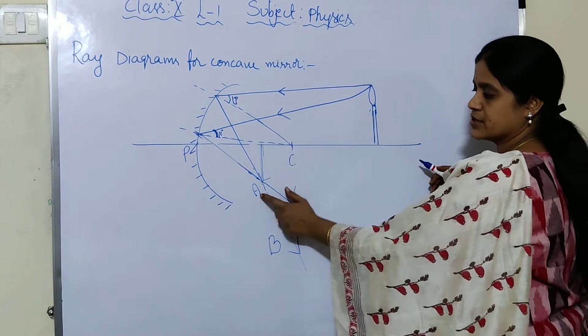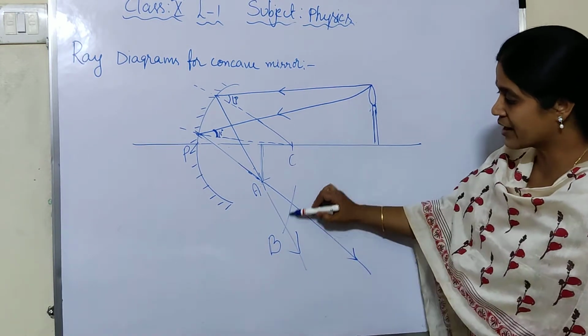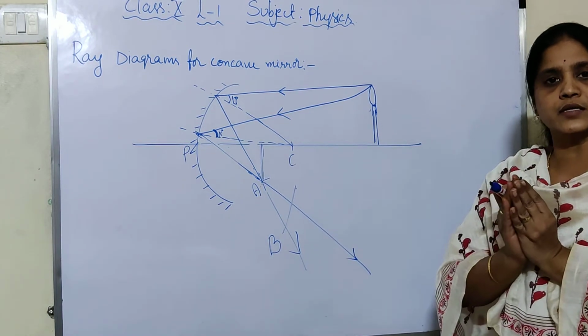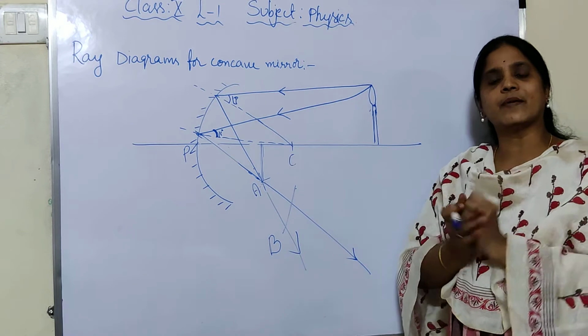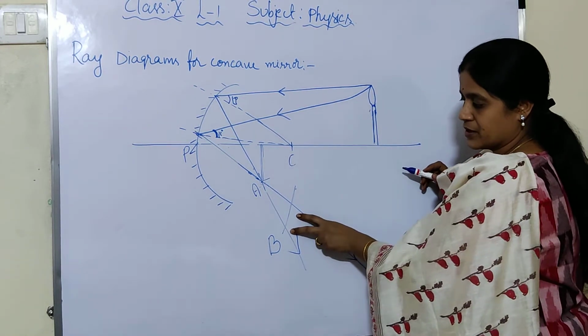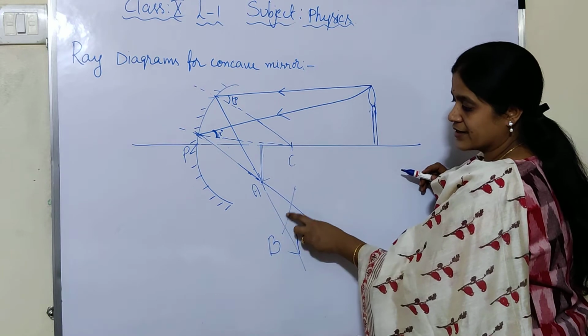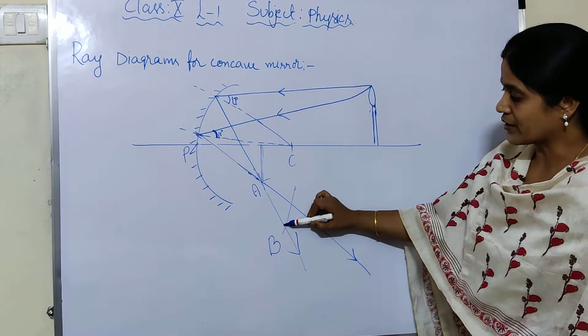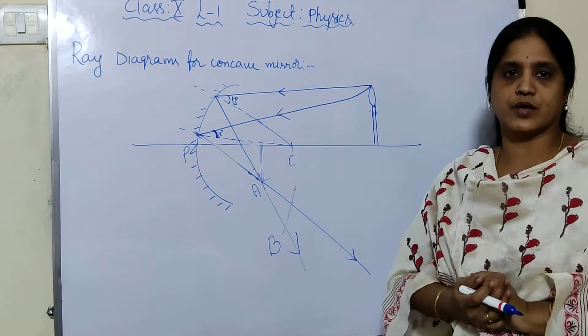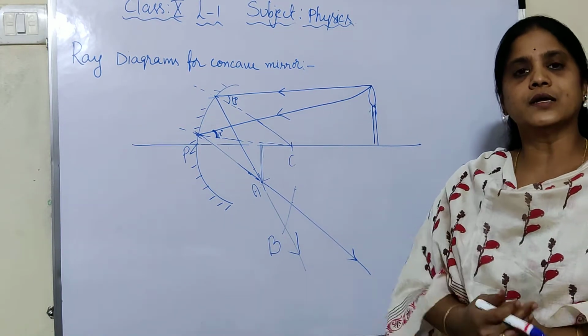Instead of A, if you place the screen at B, will you get the same sharp image? No, we observed that in the lab activity. At B, the reflected rays are diverging, and when the rays are diverging, we get a blurred image.